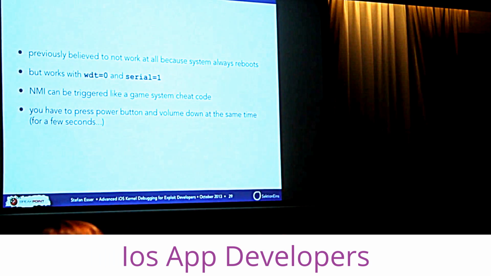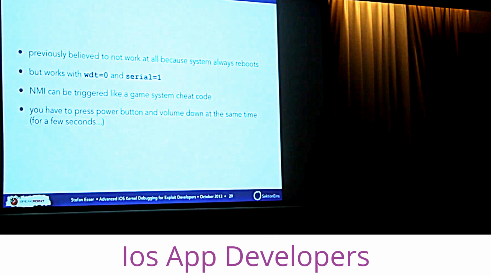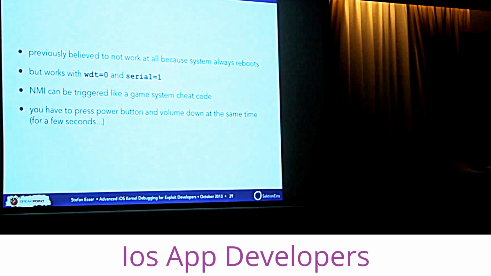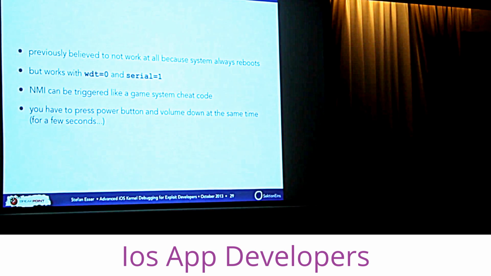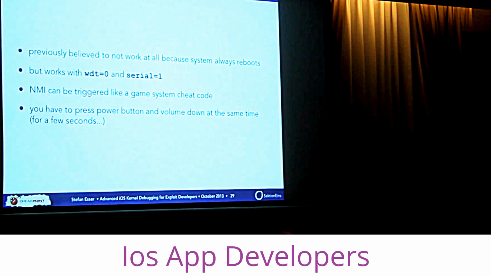You have to press the power button and at the same time the volume down button for a few seconds. If you do that for a few seconds, and you're connected over serial and you have the debug boot argument also, then it will start to send a panic log to the serial port, which we will see in the serial KDP proxy. And when it's finished with that, it waits for the debugger to connect.